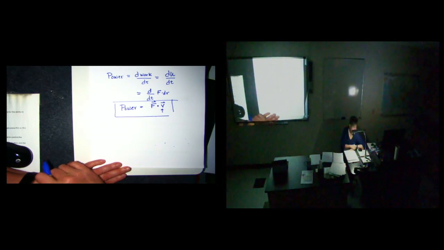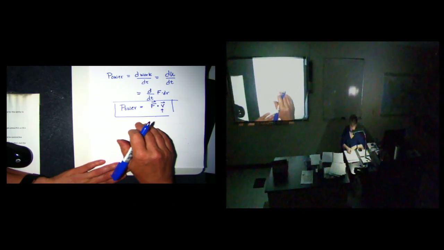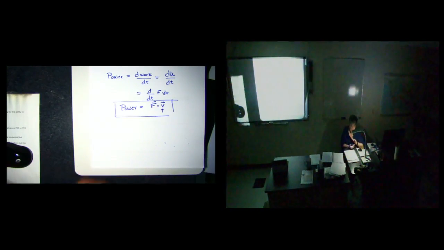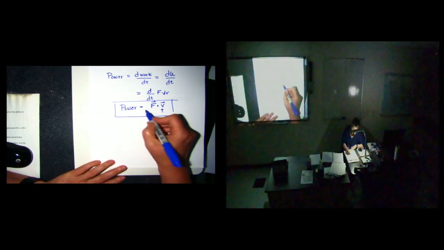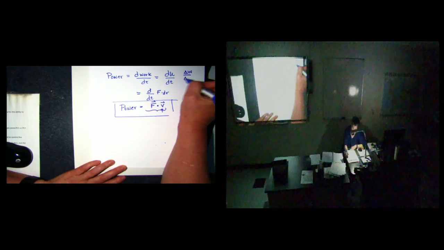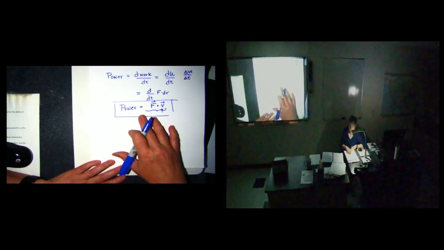And then efficiency, which we're going to use a script E, which we get from the power output divided by the power input. And for machines, always less than 1.